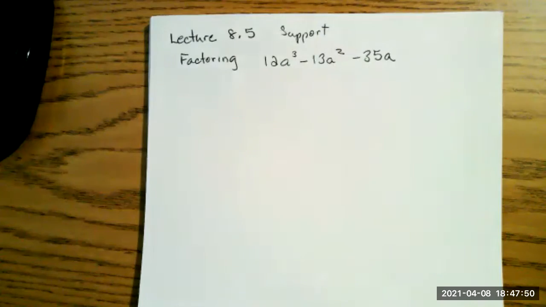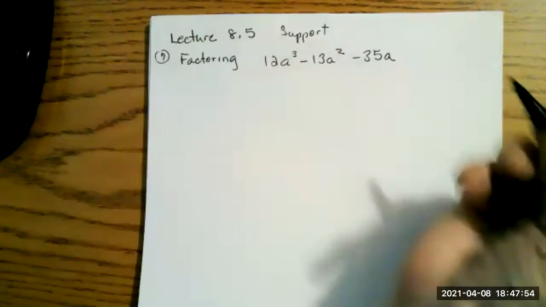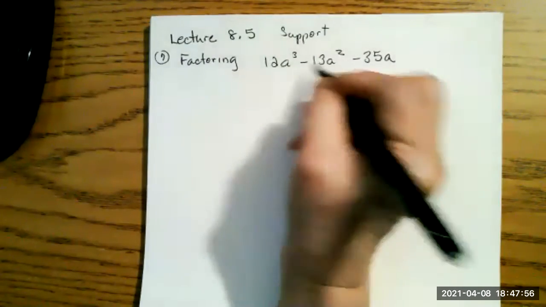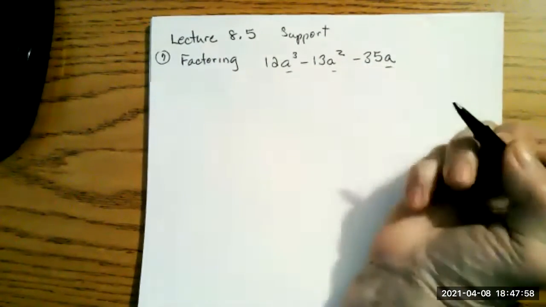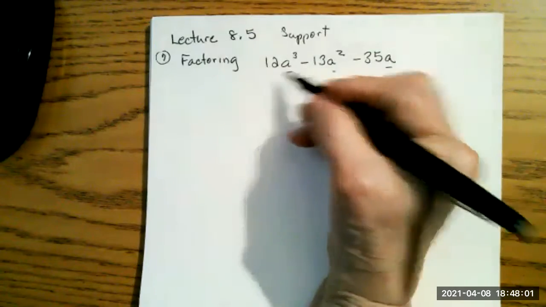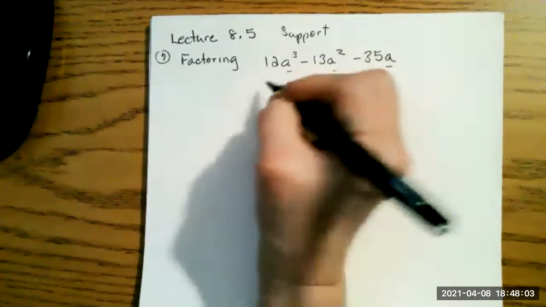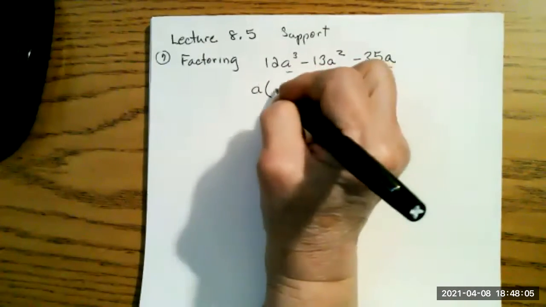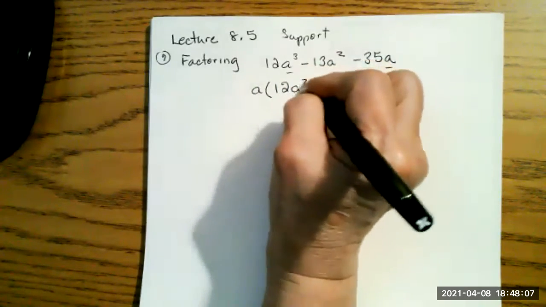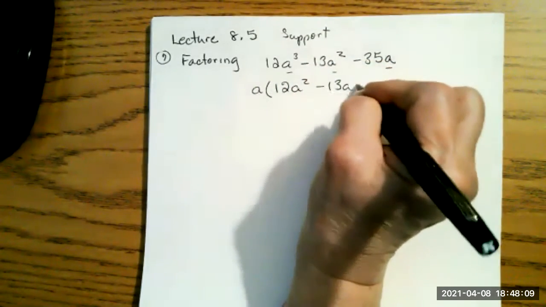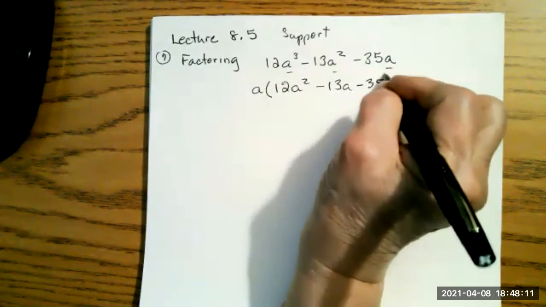Okay, when you factor something like this, and this is number 7 actually off of your homework, you can see that they all have an A in common. The 13 messes up any other number, but you can take out an A out front, and you'll get 12A squared minus 13A minus 35.